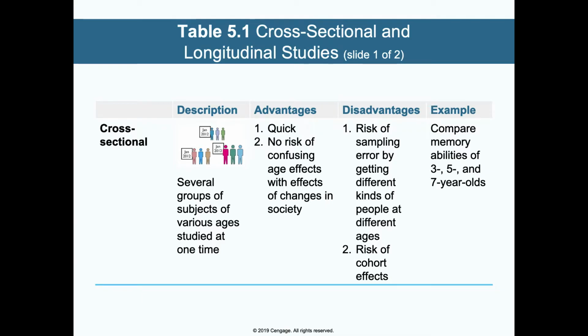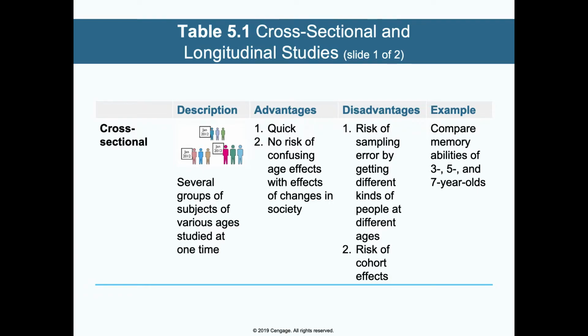A cross-sectional study is basically taking several groups of subjects at different ages and studying them at the same time, at one particular time. For example, if we were going to compare the memory abilities of 3, 5, and 7-year-olds, there are several groups because they're at different ages.